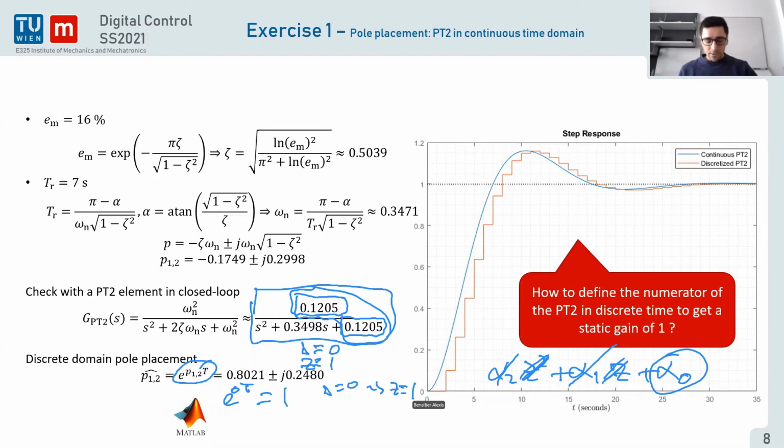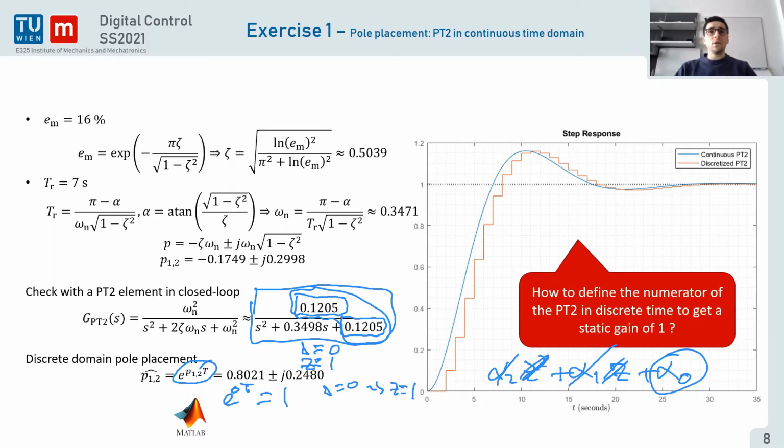You can also think of this using the difference equation. You can go back to exercise 1 or 2, I think it was the second exercise. If you consider this difference equation, you can also see that z equals 1 corresponds to a frequency equal to 0.